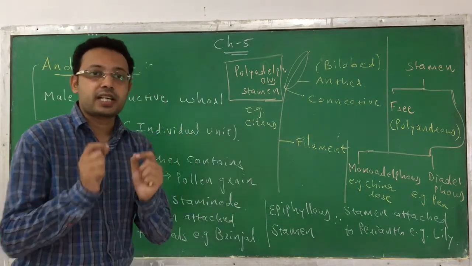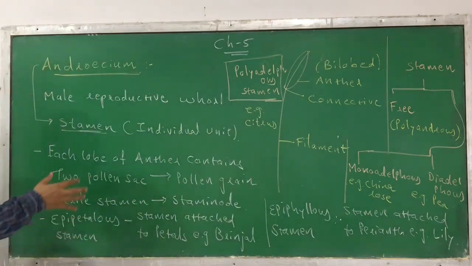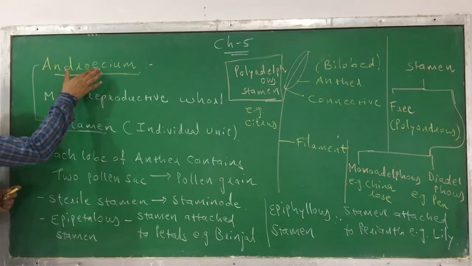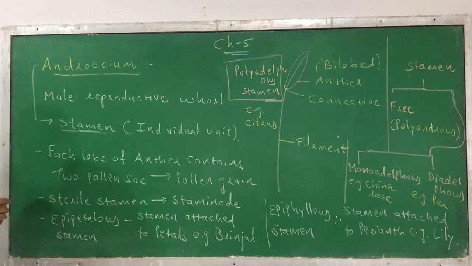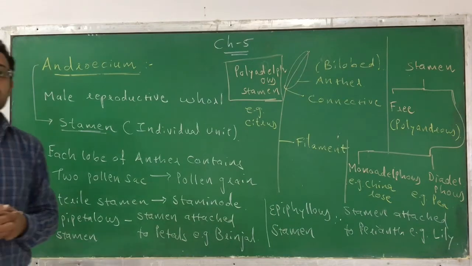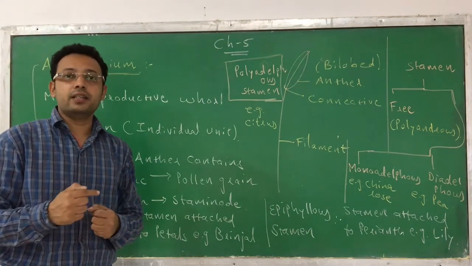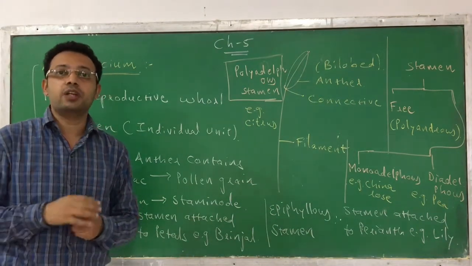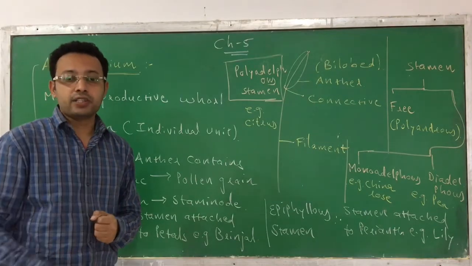So this is a characteristic regarding the male reproductive whorl of a flower. This is called Androecium. This is the third whorl of a flower. Now we are moving ahead with the fourth and last whorl of a flower. This is the Gynoecium.